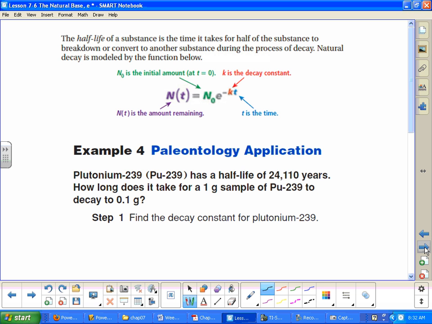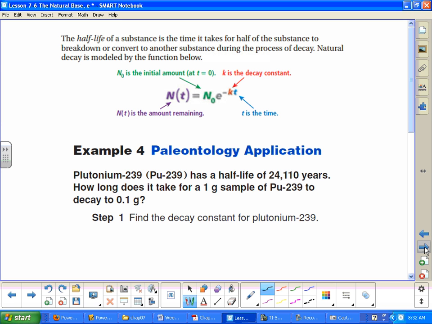N of t equals n sub 0, e raised to the power of negative kt. Now these take a little bit of work to do. N sub 0 represents our initial amount that we're using. k is what we call the decay constant. N of t is the amount remaining at the end, and t is your time.